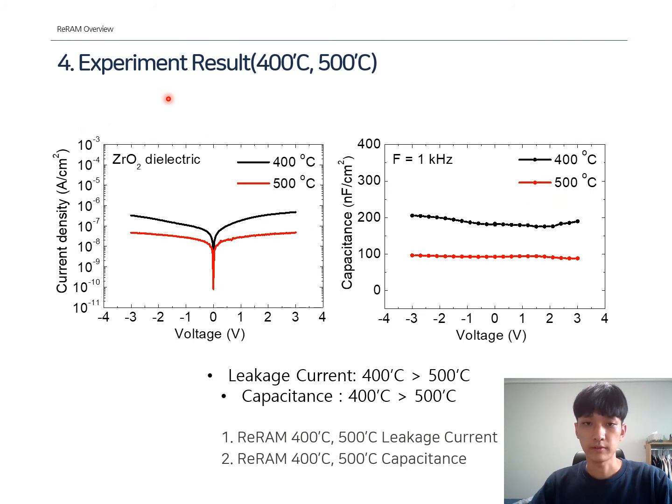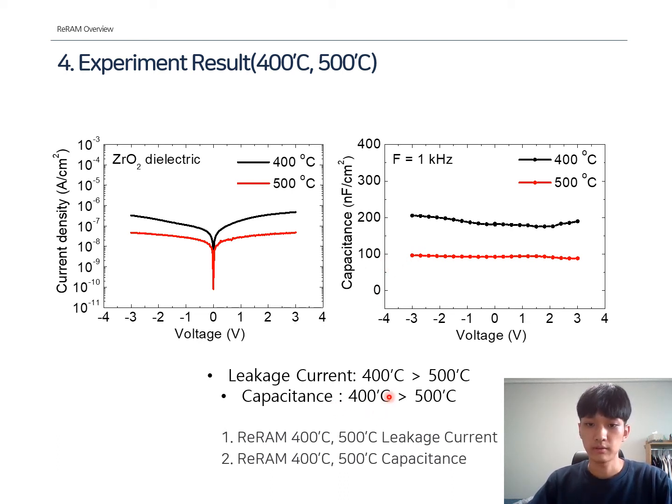We also compare 400 and 500 degrees Celsius. The left graph shows the leakage current of each thin film. As you can see in this graph, the 500 degree has lower leakage current than 400, and as you can see in the right graph, the 500 thin film has much lower capacitance than the 400 degree thin film.